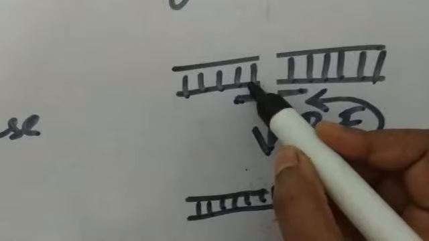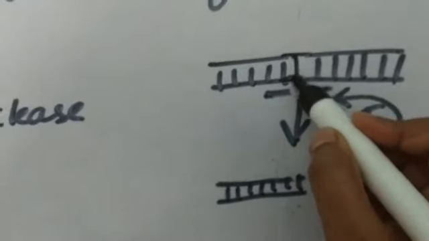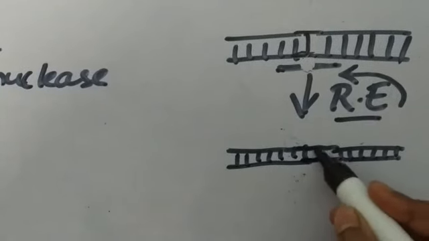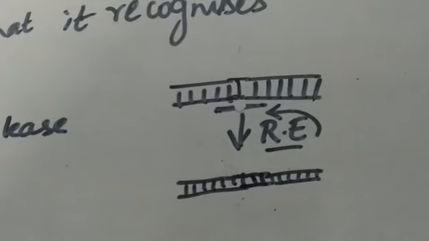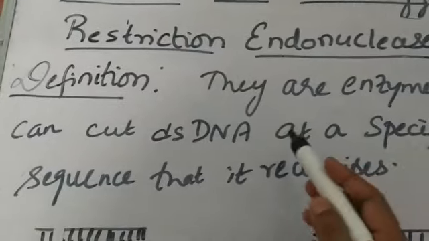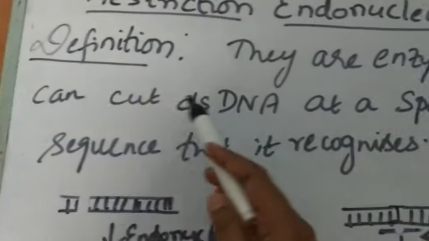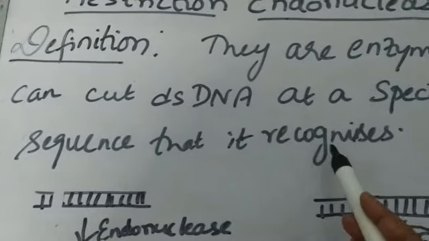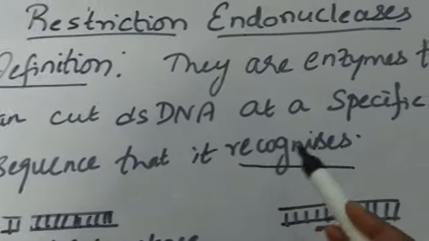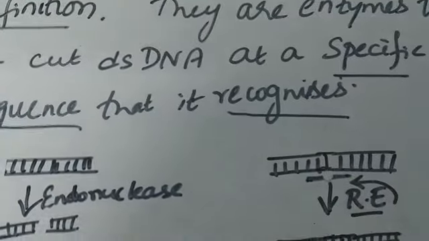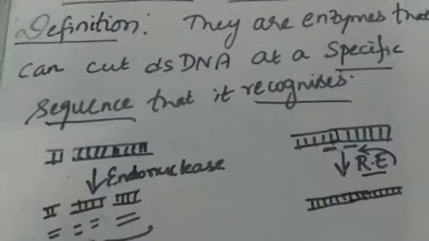Supposing this sequence is not there, then the restriction enzyme will just leave the DNA as it is. It will not even cut that DNA. So that is the definition of restriction endonucleases. Let us look at it again. They are enzymes that can cut double-stranded DNA at a specific sequence that it recognizes. Is that clear?